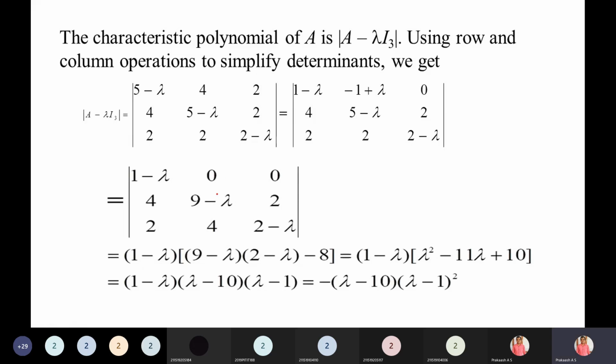We want to find the determinant value. We can expand along R1 or R2 or any row or any column, no problem. But we are interested in expanding along R1, so I want to make this element and this element 0, so that only one term will come. So I want to make this element 0. What I do is, first I see that these are the same.